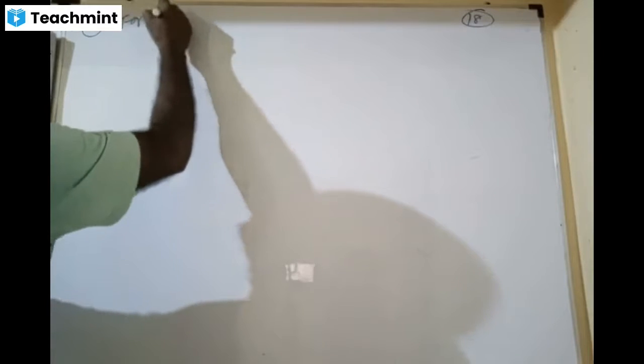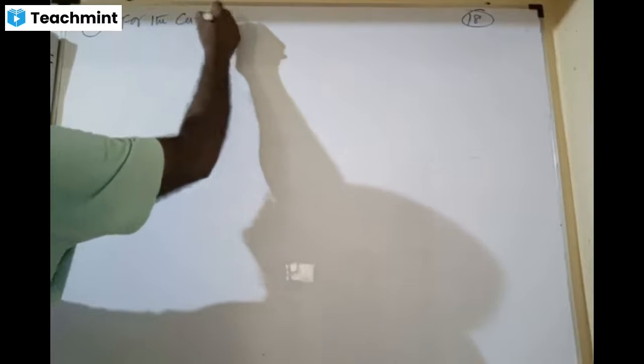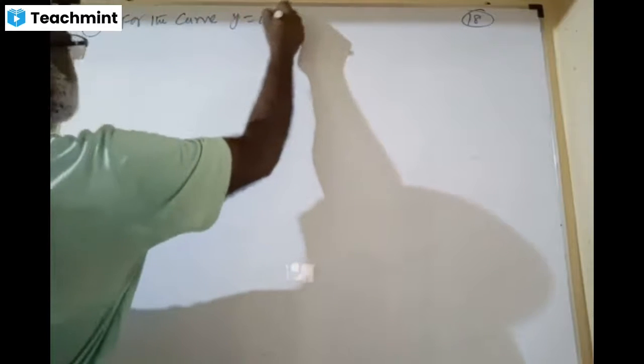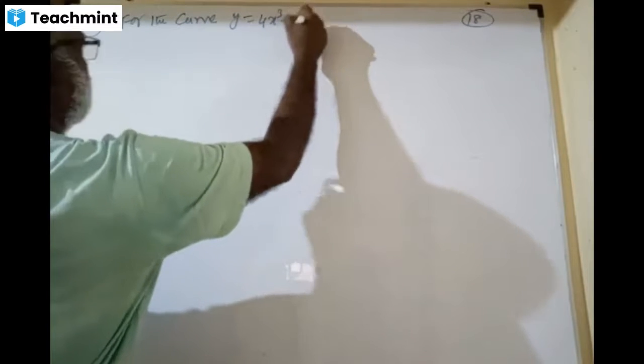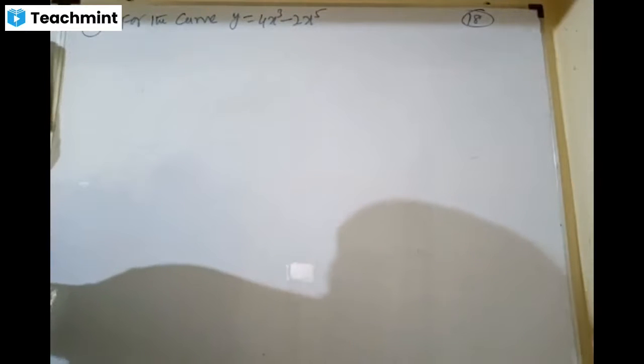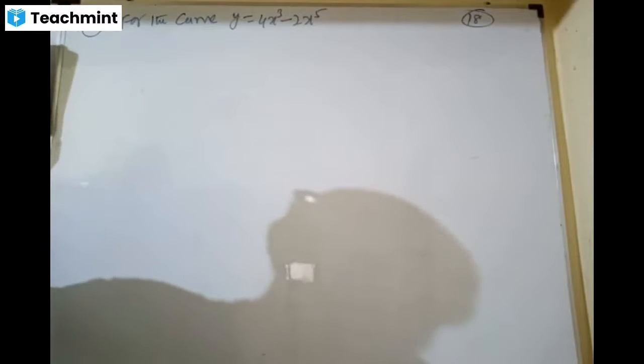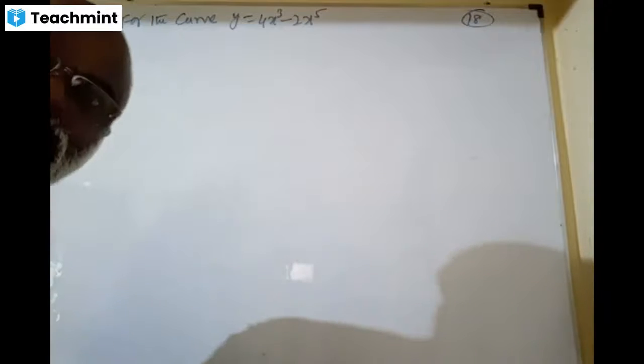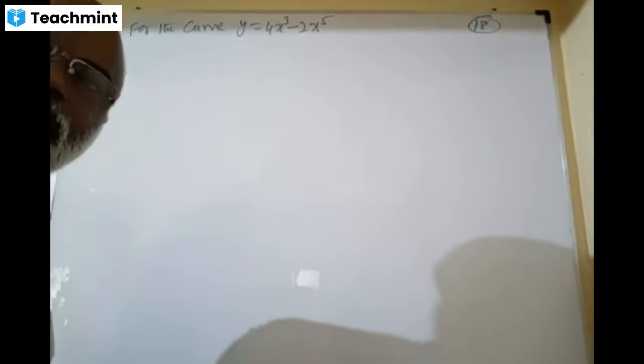For the curve y equals 4x cube minus 2x power 5, are you able to see this? Is the board visible properly?